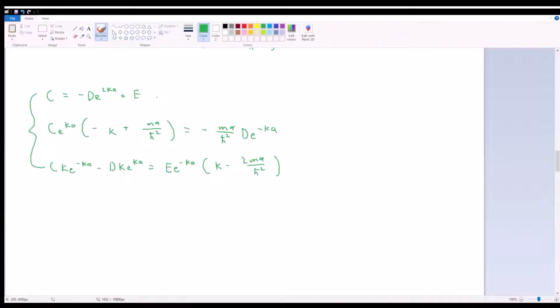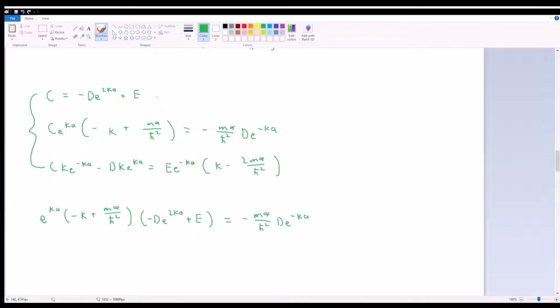Okay, now we plug this in. So this is going to be e^(ka) times negative k plus m alpha divided by h bar squared, multiplied by C, which is going to give us negative D e^(2ka) plus E. And this is going to equal negative m alpha divided by h bar squared times D e^(-ka).